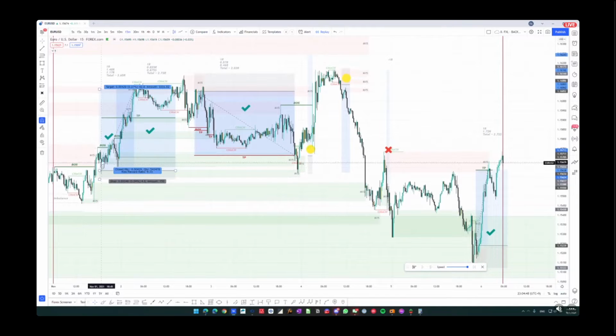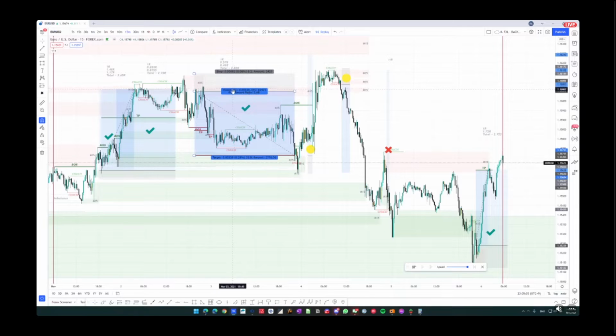But you see, we already take 50% here at 2R. We automatically take 50% at 2R, and then we take a quarter at the TP. Yeah, so same here.